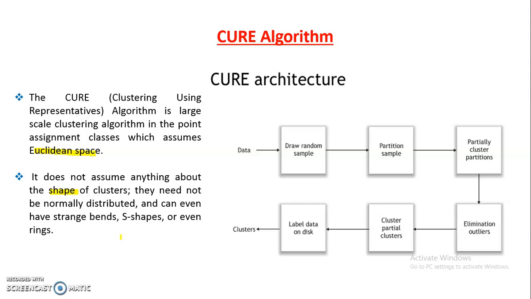So the process is, first we draw a random sample. We need to select some representatives randomly. In the second step, we divide those representative data points into some parts. In the third step, we partially cluster the partitions. Why is it partial?